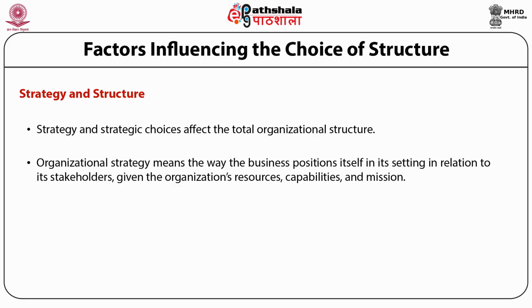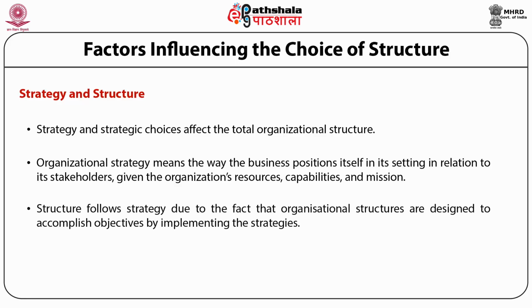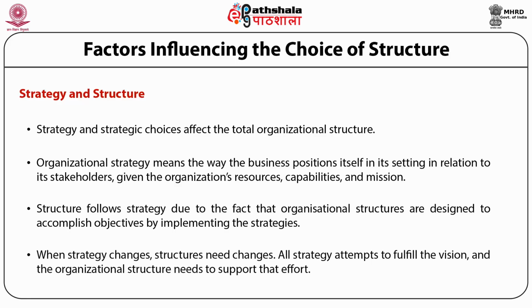Structure follows strategy because organizational structures are designed to accomplish objectives by implementing the strategies. When strategy changes, structures need to change. All strategy attempts to fulfill the vision, and the organization structure needs to support that effort.